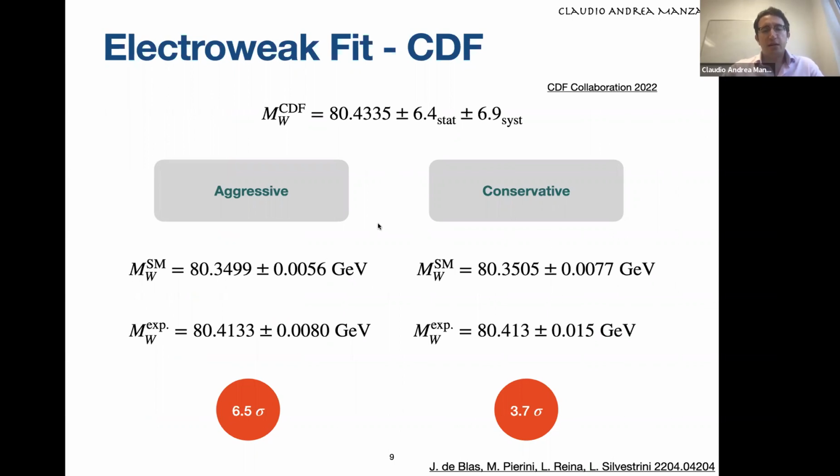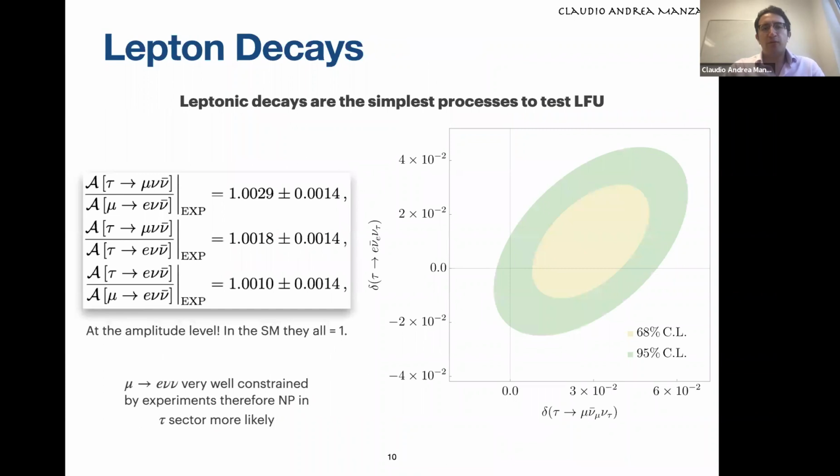And here you can see 2 scenarios, one more conservative and one more aggressive in terms of the estimate of the theoretical and experimental error on the determination of MW, which increased the tension to 3.7 sigma within the conservative scenario and 6.5 within the aggressive one. Last but not least, we have lepton decays, which are, of course, the simplest processes to test lepton flavor universality.